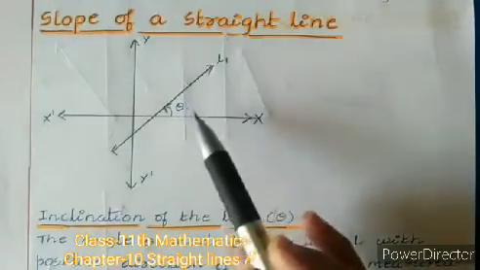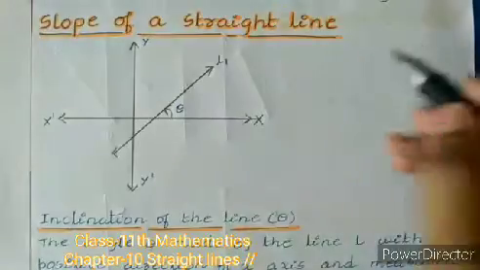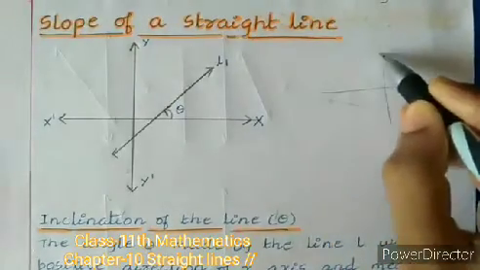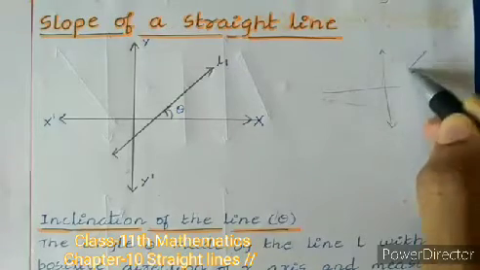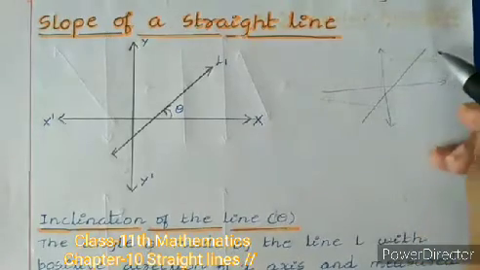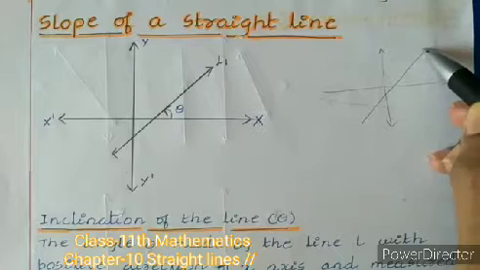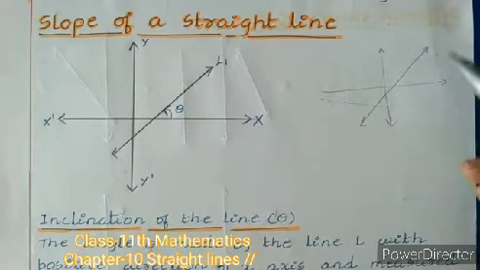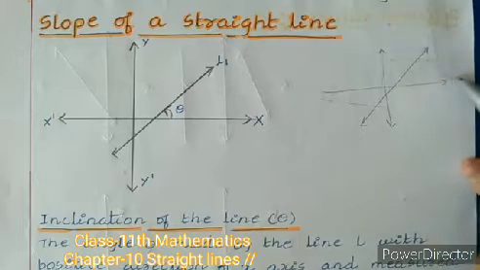See here, if I consider that here we have a Cartesian plane with the x and y coordinates, and there is a line which is located on the Cartesian plane, and now this line is making some angles with the x-axis.